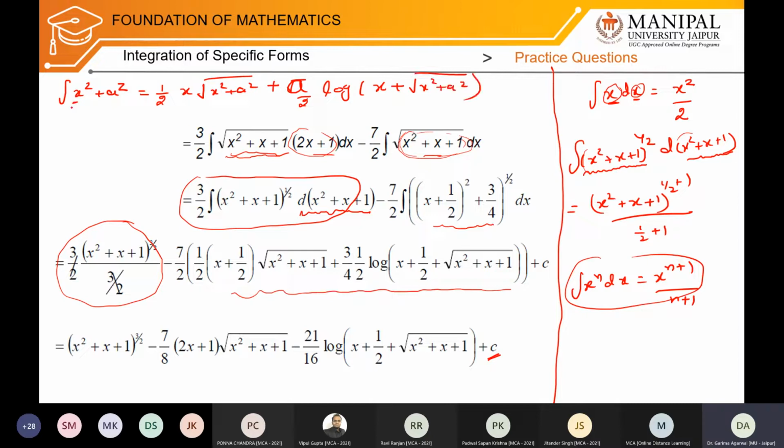This is the formula. So here x square is (x plus half) whole square, and a square is 3 by 4. So we just substitute all the values in this formula.